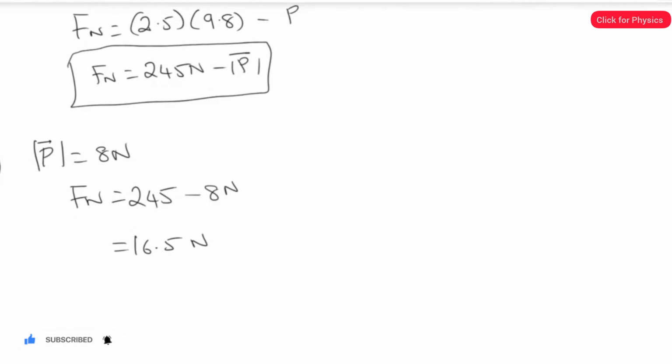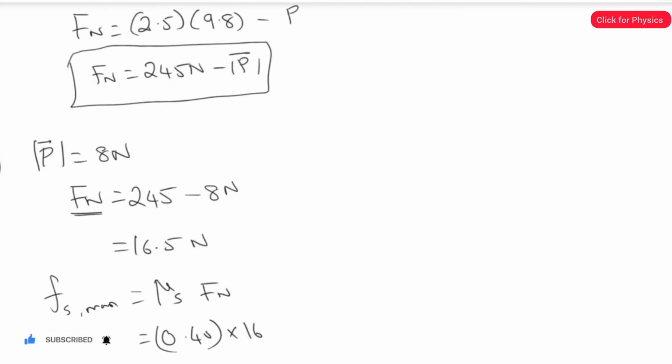Now, by using this normal force, I'm going to find the maximum static frictional value. A rule we already studied in chapter number 6 is mu s, the coefficient of static friction, multiplied by the normal force. The coefficient of static friction is given as 0.40, and the normal force value we got as 16.5.